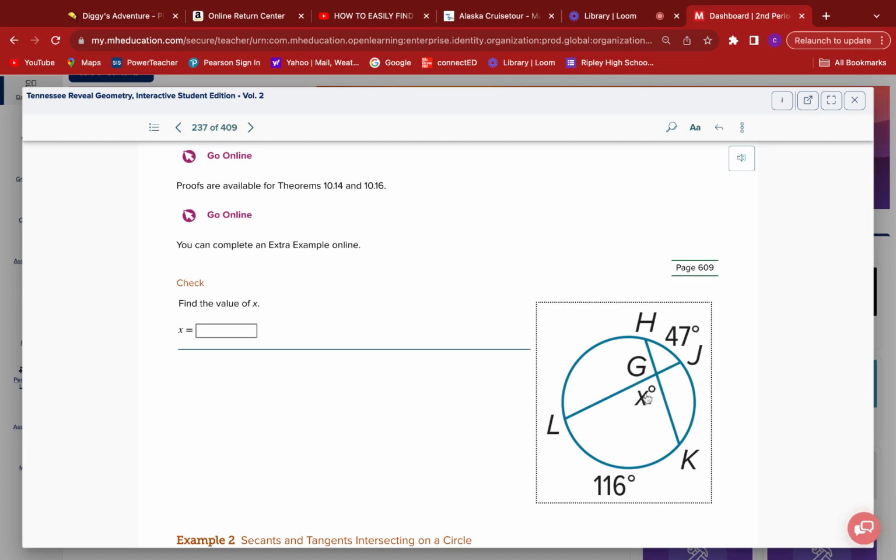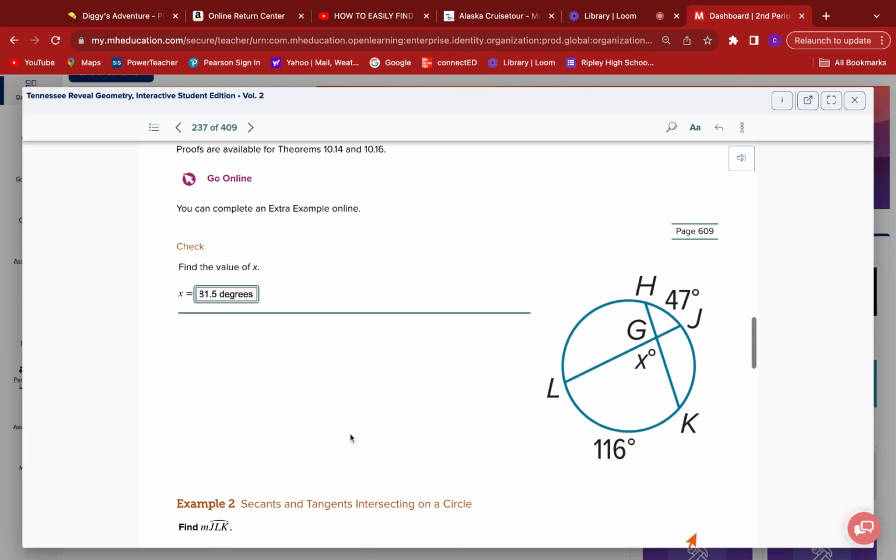After you add them and divide by 2, you've got angle X and its vertical angle. So take 116, add 47, divide by 2, and you get 81.5 degrees. There's your answer for angle X.